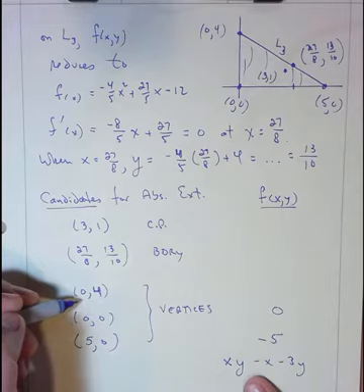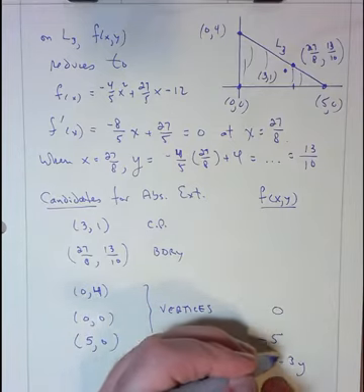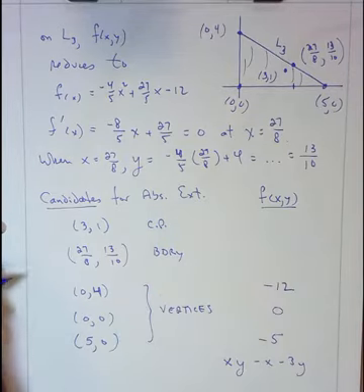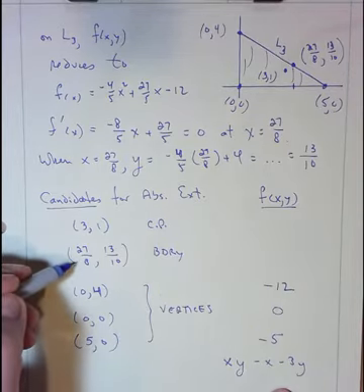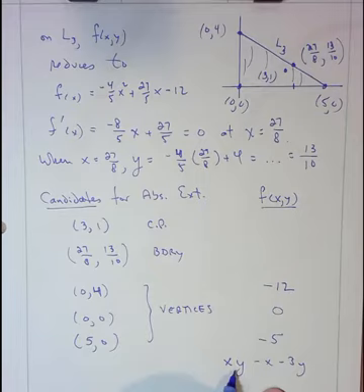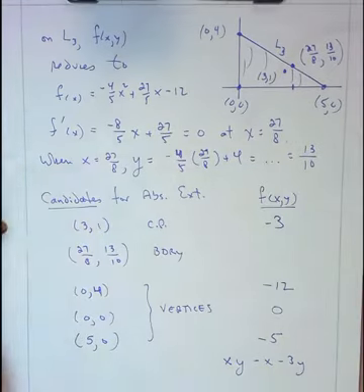At the point x equals 0, y equals 4, we would get 0, 0, negative 12. Like that. Let's skip this one. When x is 3 and y is 1, we would get 3 minus 3, so 0, minus 3 times 1. We would get negative 3.